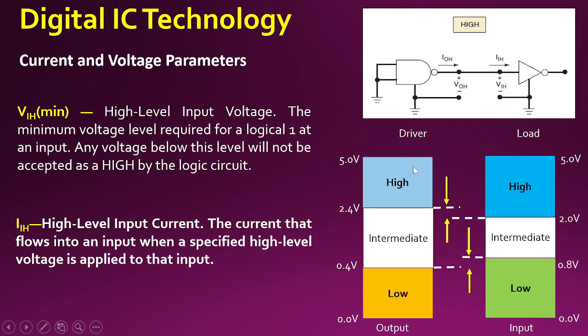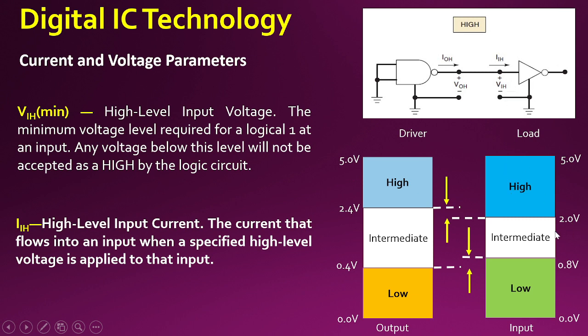So what does this mean? See, if we have a look at the input here, the range is between 5 to 2. So when the output is high, the high logic is conveyed to the input of this load TTL. Here the window says the input voltage will be treated as high if it is between 5 to 2. Now if the input voltage goes below 2, then it is an invalid input.